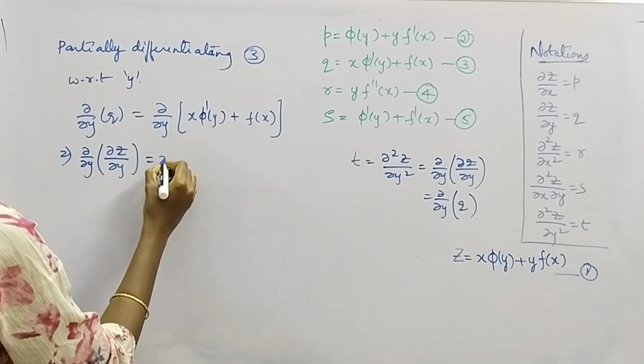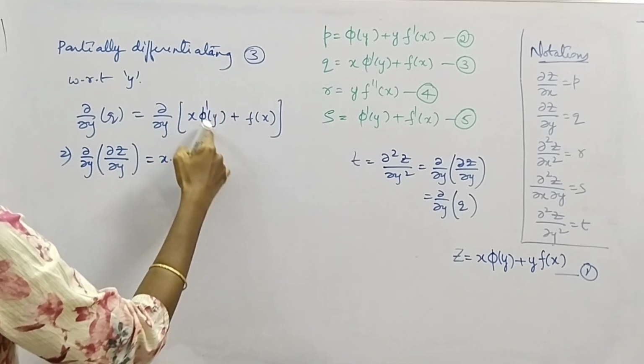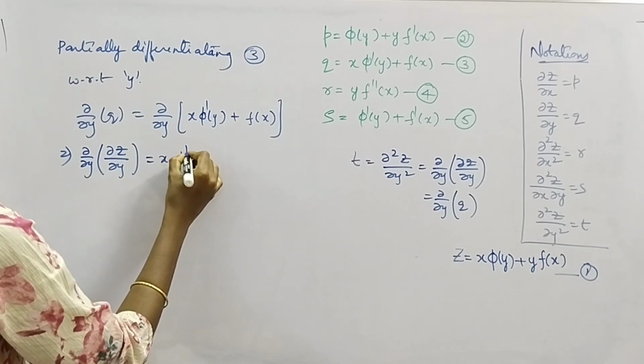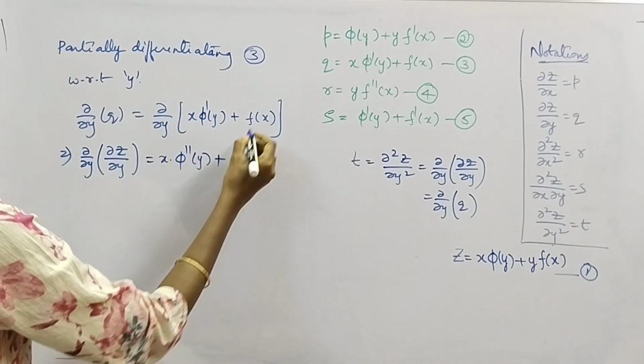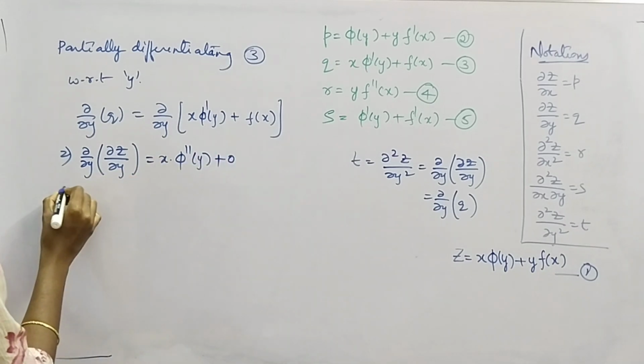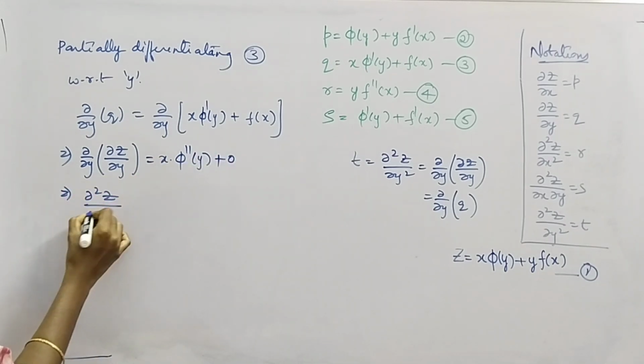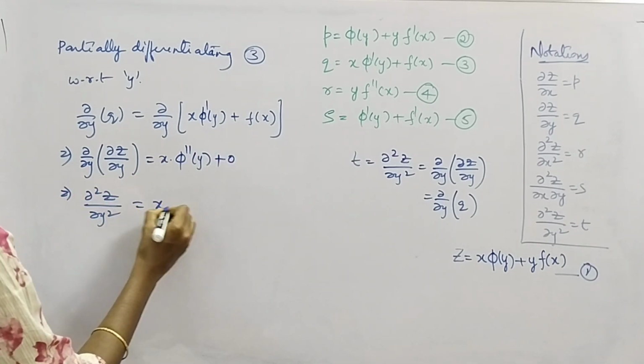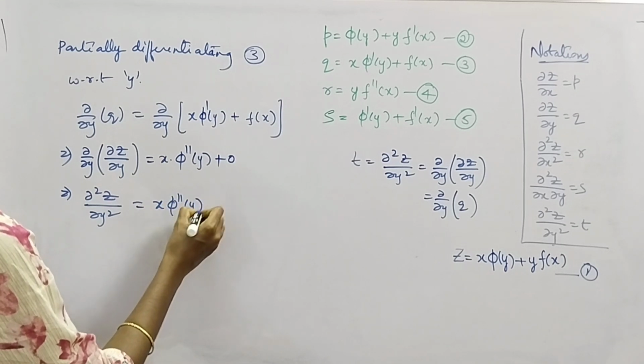This is equal to constant x into the partial derivative of phi dash of y with respect to y, which is phi double dash of y, plus the partial derivative of a constant with respect to y, which is 0. This gives us dou square z by dou y square equal to x into phi double dash of y.